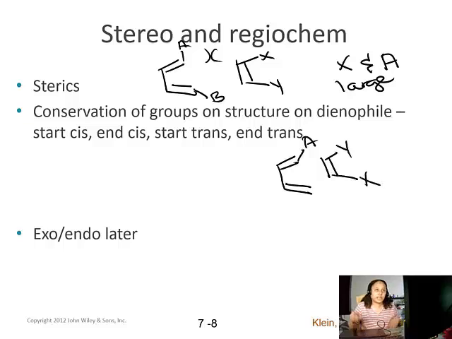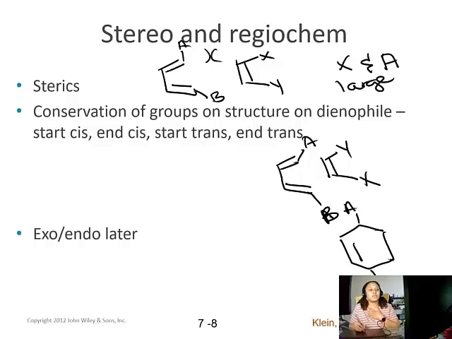So let's say, like I said, X and A are large, then your molecule would be in the other orientation. However, wherever all the other groups are on your molecule, they're going to stay there. So if we draw our product from this, A is going to be where A is, B is going to be where B is, and Y and X are going to be where they are, and they're not going to move, okay? So that is one thing that happens.